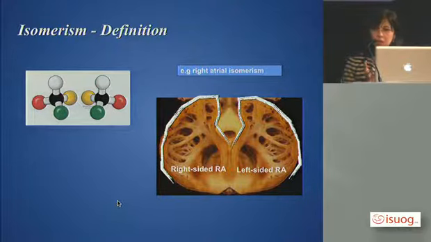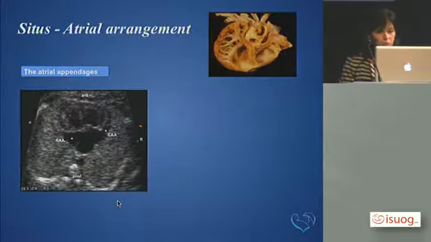Life is not perfect, so the two appendages are not absolutely the same if you look at the heart, but they have more of the characteristics of a right atrial appendage. The same applies for left atrial isomerism, where the two appendages would be kind of a finger-like structure. I haven't drawn you a picture of that one.